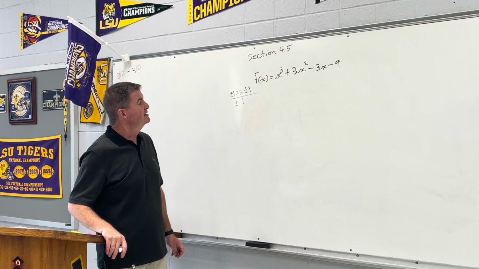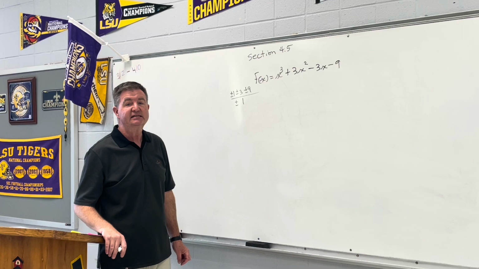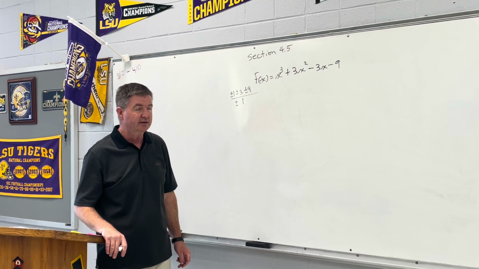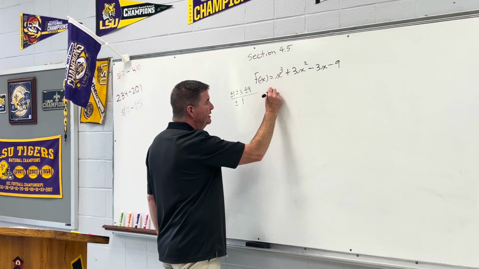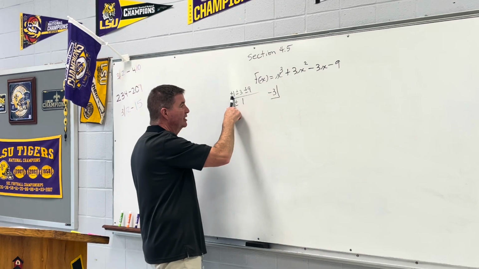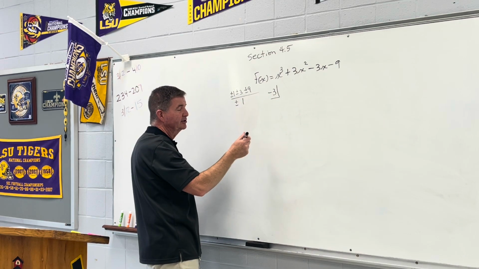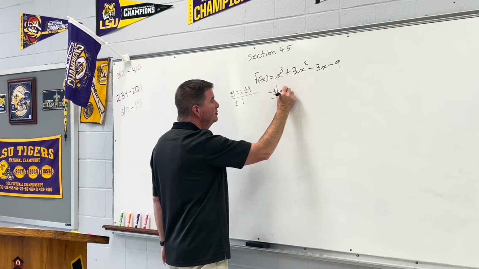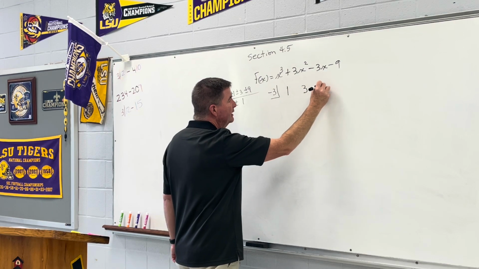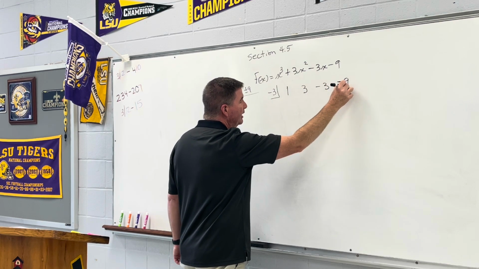For purposes of time, I'm going to skip ahead to the one that actually works, and the one that works is going to be negative 3. So I would have tried 1 and negative 1, I'd have probably tried positive 3. So this would be 1, 3, negative 3, and negative 9.